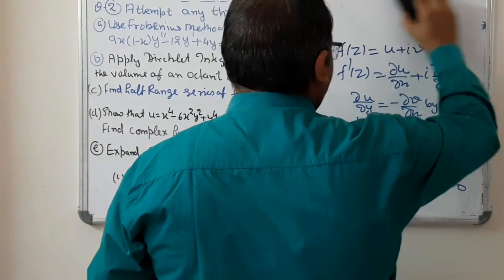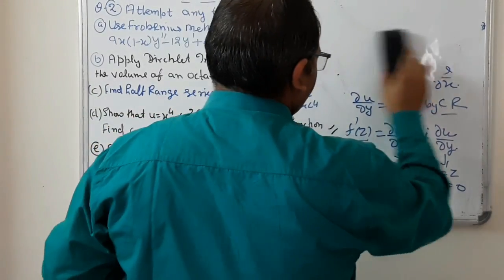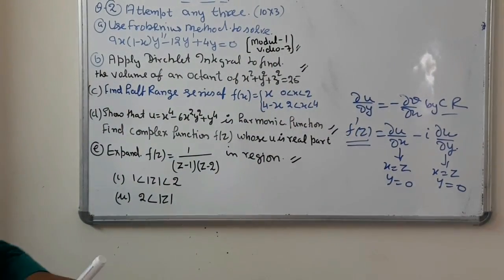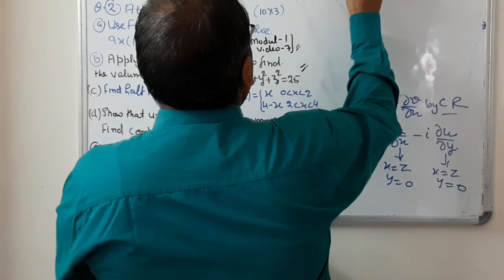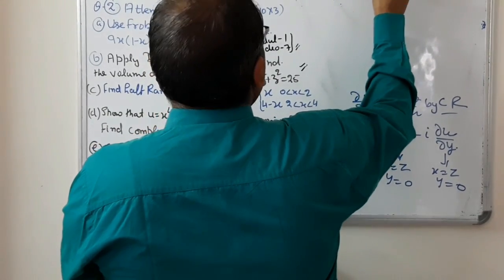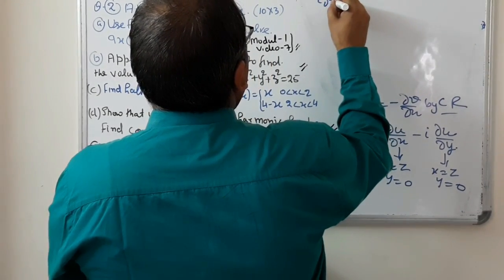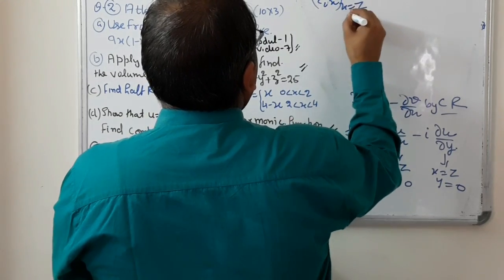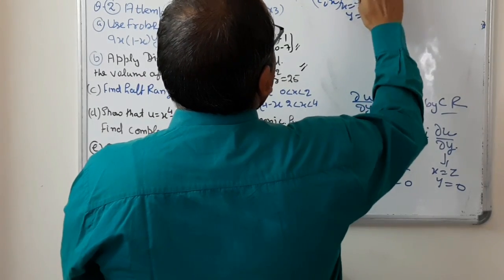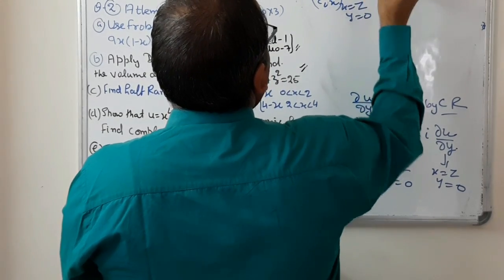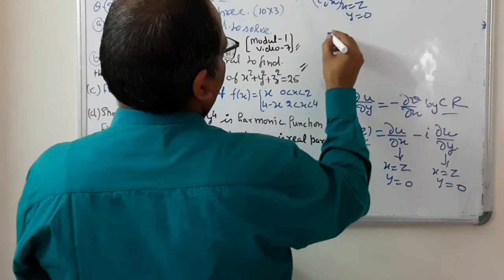So first we write the derivative and then put here. So what is the derivative? Derivative of this u, which is x to the power 4 and so on, so write del u by del x. So del u upon del x is equal to 4x cube minus 12 x y square. So del u upon del x at x equal to z, y equal to 0, that means 4x cube, so this is equal to 4z cube minus 0, right?